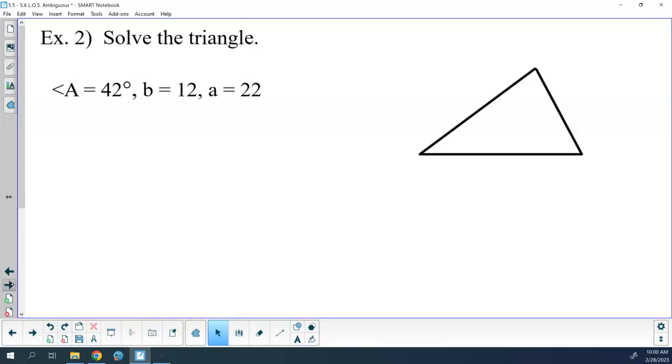So, first off, it doesn't have to be any pretty triangle, okay? Because you don't know what kind of a triangle it's going to be just yet. You don't even know if it is a triangle just yet. So you should always draw yourself a picture. I'm going to call this angle A, and that's going to be 42 degrees.